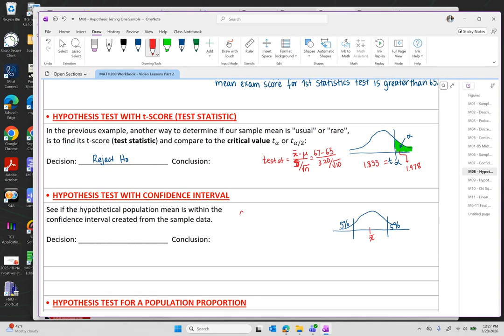So I will do a 90% confidence interval, and it was from 65.15 to 68.85.